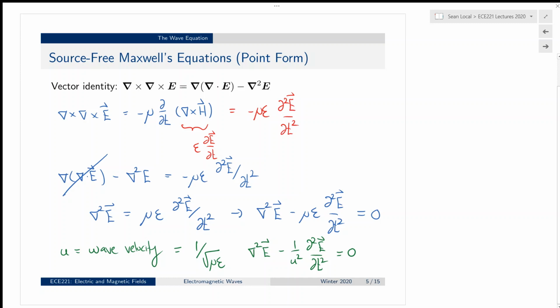And this is called the homogeneous wave equation, because the right-hand side is 0, for the electric field.